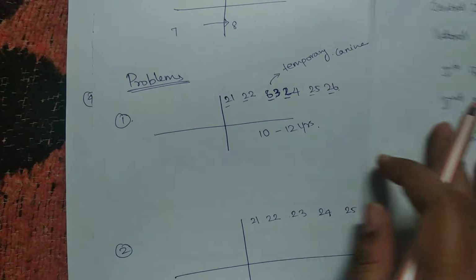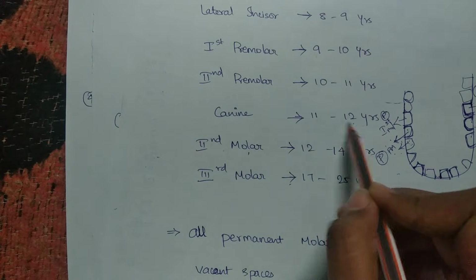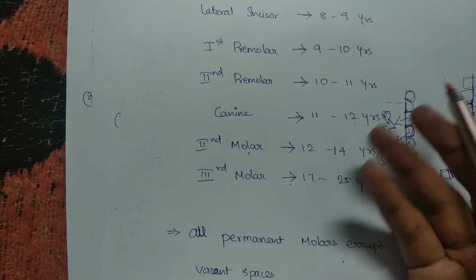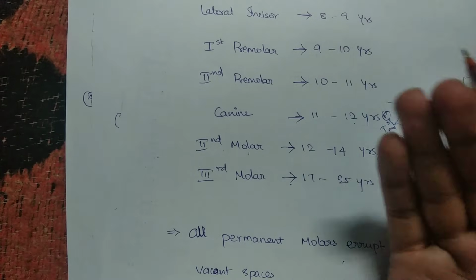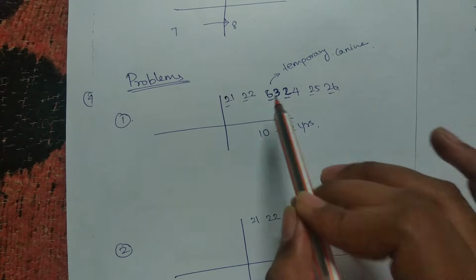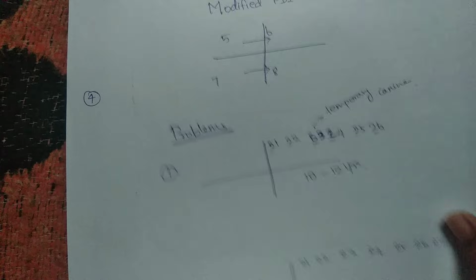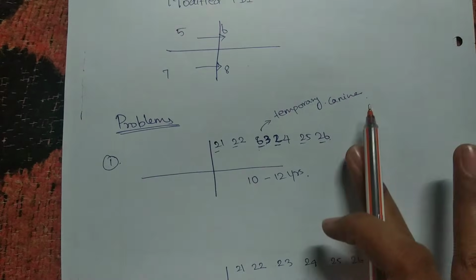Because the canine didn't fall, and at 11 to 12 years the canines will fall off and new permanent canines will erupt. So the canines have not fallen yet, so the age of the child will be 10 to 12 years.